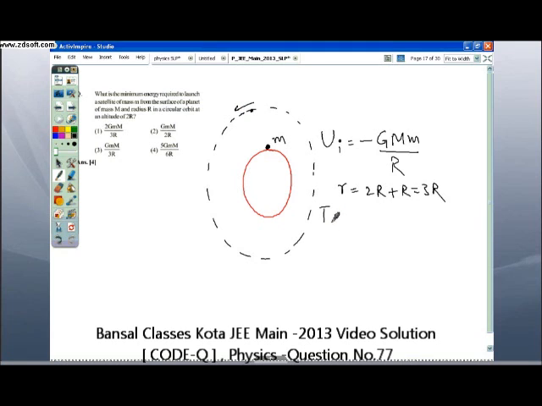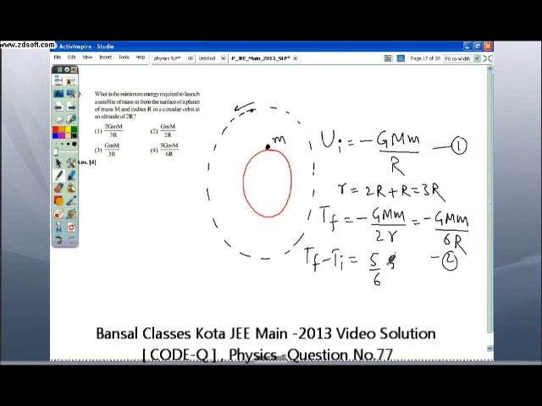So total energy final, we all know this is minus GMm upon 2 into R, where this particle is orbiting in radius R. R is 3r, so this comes out to be minus GMm by 6r, and the difference of these two, from equation 1 and equation 2, if we take the difference E final minus E initial, this comes out to be 5 by 6 GMm by r, which is answer 4. So in this, answer 4 is correct.